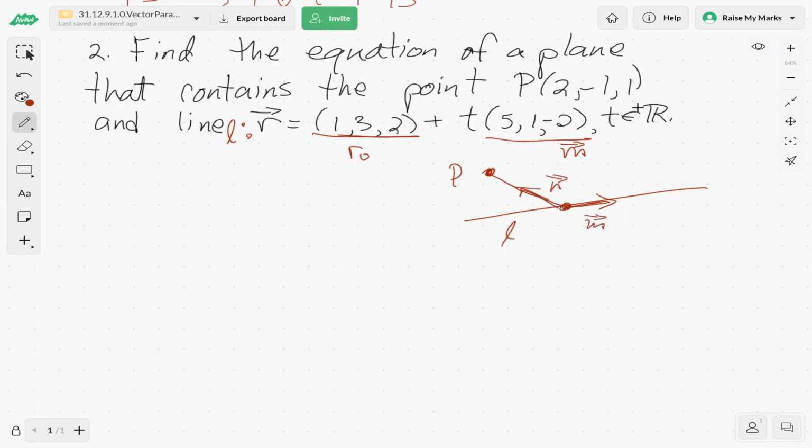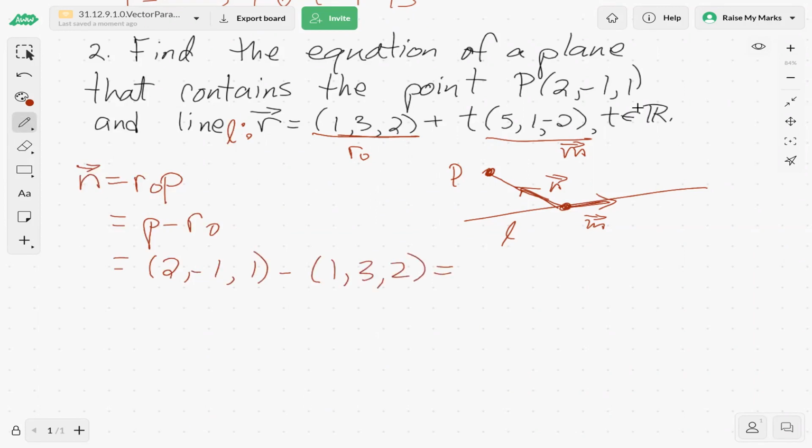So why do we do this? Our direction vector n equals P minus R0. So let's figure out what this is. (2, -1, 1) minus (1, 3, 2). So 2 minus 1 is 1. Negative 1 minus 3 is negative 4. And 1 minus 2 is negative 1. That's our second direction vector.